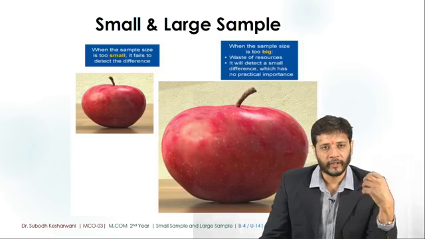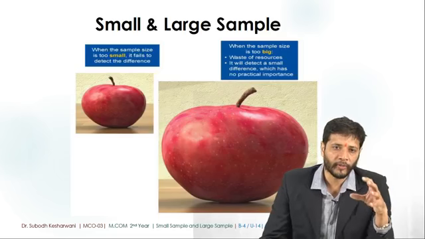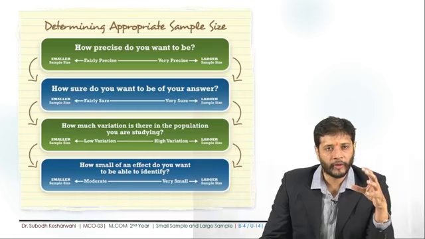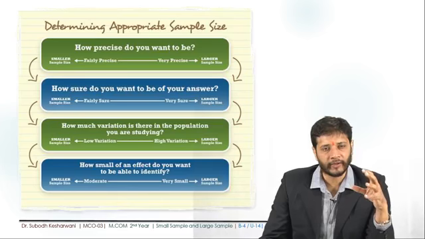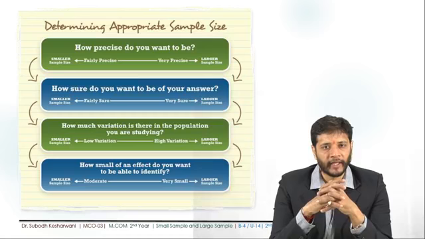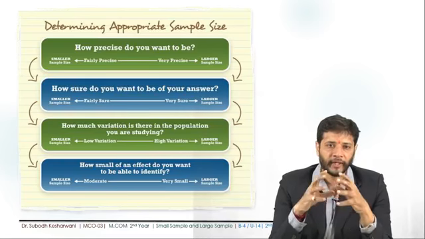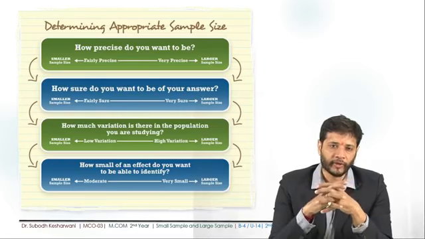All these things talk about sampling, and we have to talk about determining the appropriate sample size. How are we going to determine the appropriate sample size, and how precise do you want to be? If the sample size is smaller, the result is fairly precise, and if you take a large sample, you are very precise, but the cost is involved.